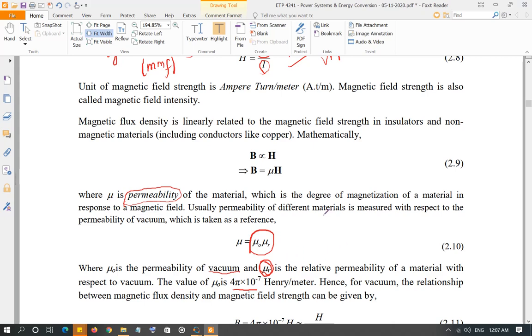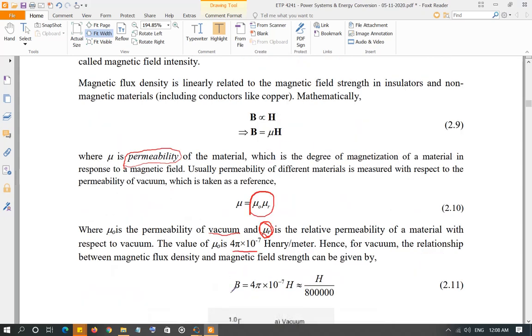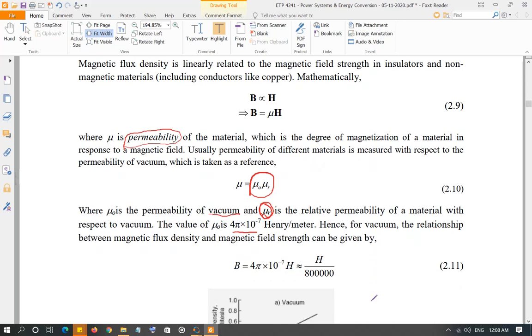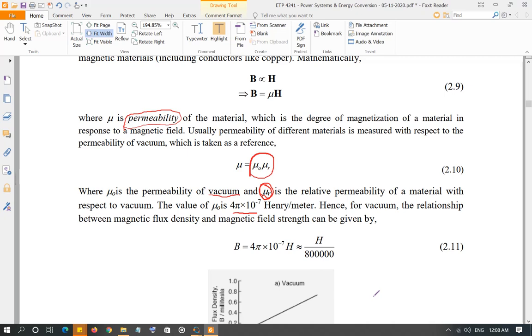So when you calculate B for vacuum, it is going to be mu, which will be mu naught for the vacuum, 4 pi into 10 to the power negative 7 times H, which will approximately be equal to H over 800,000. 1 over 4 pi into 10 to the power negative 7 is approximately 800,000.